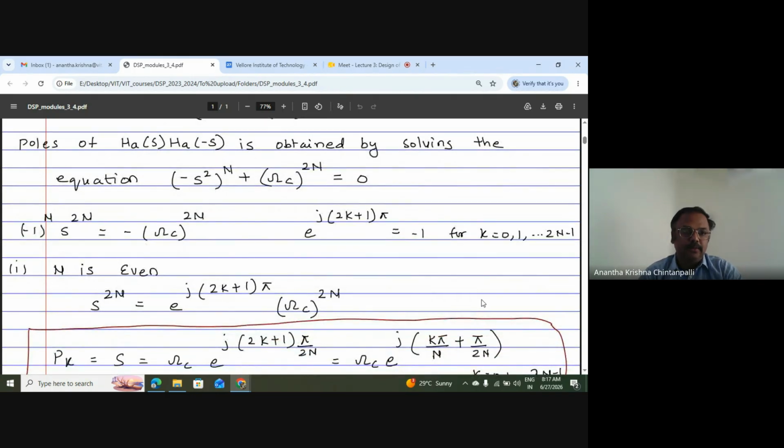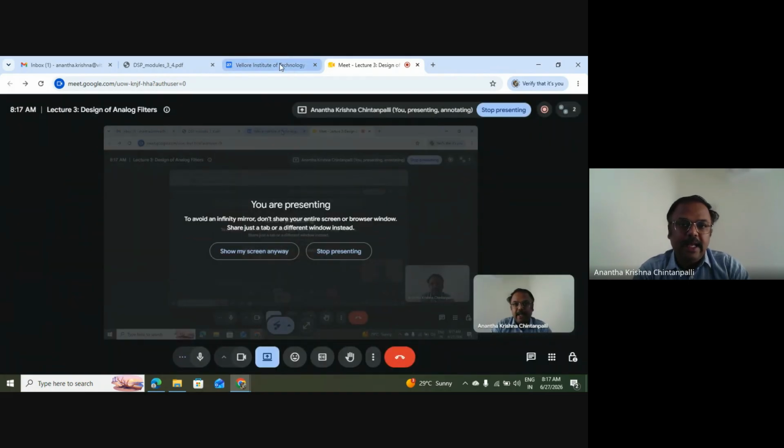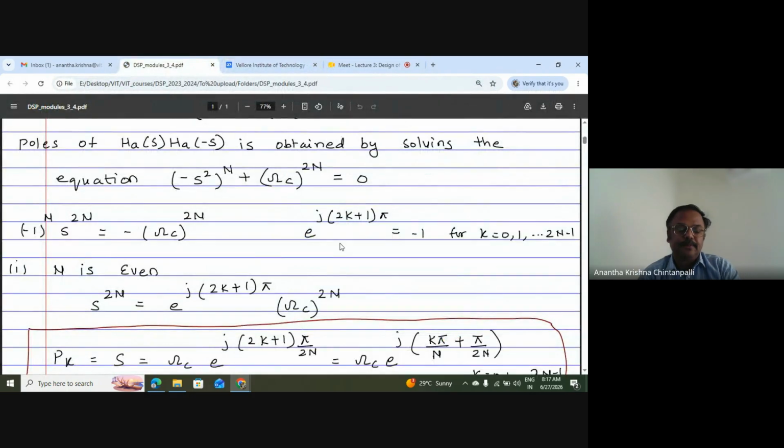Now, when n is even, that means that this becomes positive. So s to the power of 2n is equal to minus 1, which is written as e to the power of j (2k plus 1) times pi, times omega c to the power of 2n.